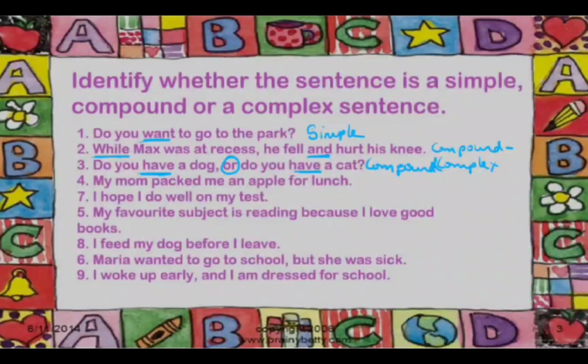My mom packed me an apple for lunch. Packed. Yes. Remember, children, here we have for, but it is acting like a preposition. So the only verb out here is packed, and that's why it is a simple sentence. I hope I do well on my test.